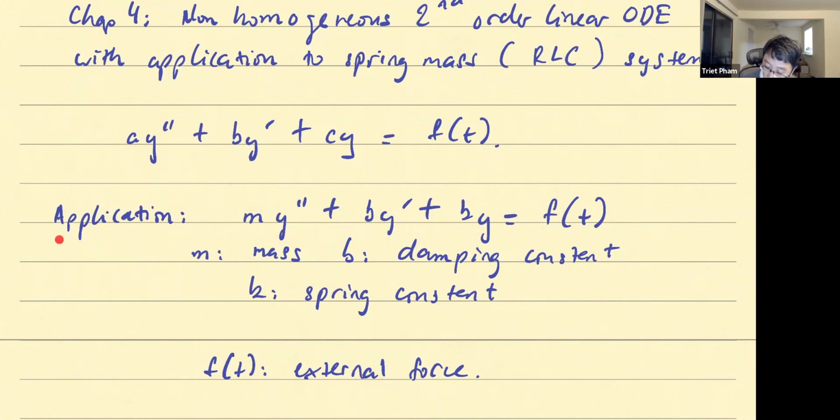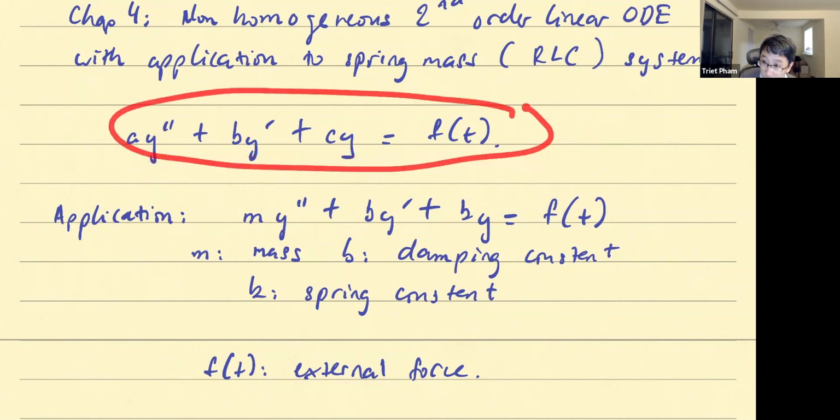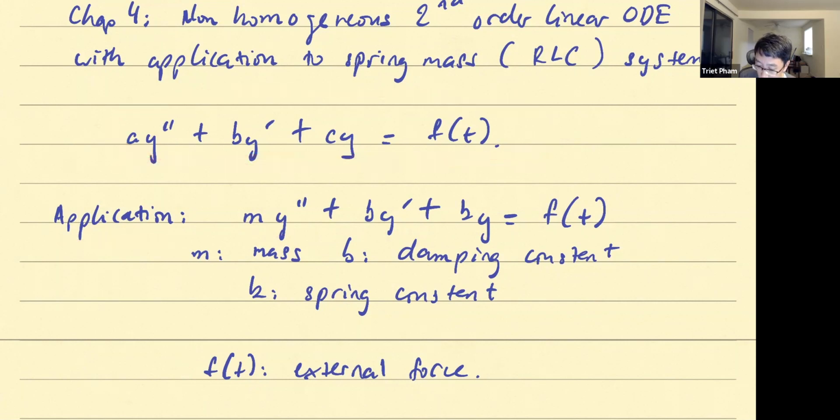So that's the application for this kind of equation. The mathematical content is we'll learn how to solve this, not in general, but for some forms of f of t. And then we apply that to the interpretation of the spring mass system or the RLC system if you want to cast it into that model.